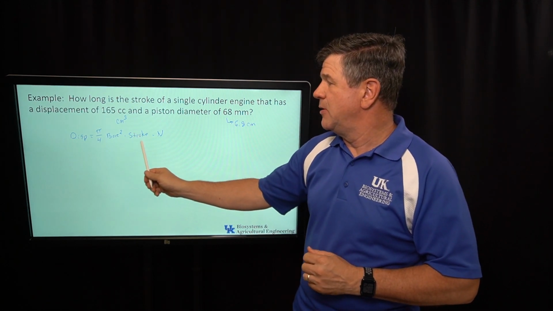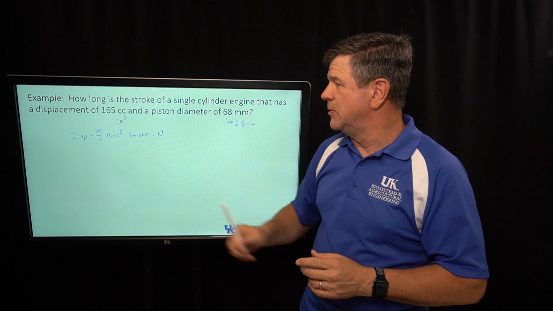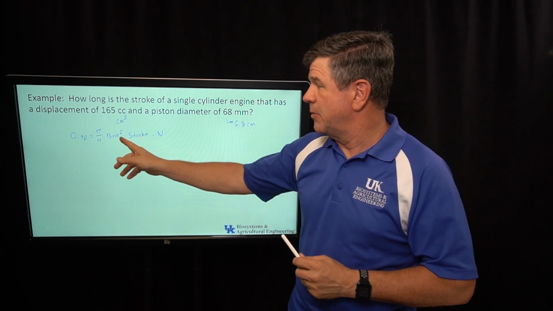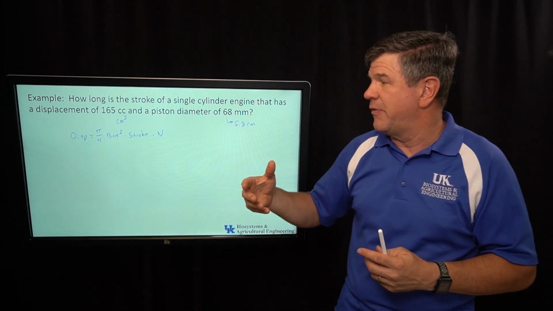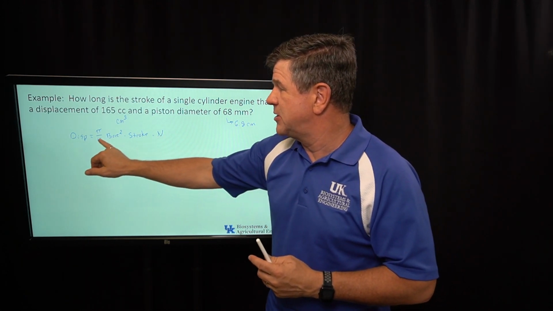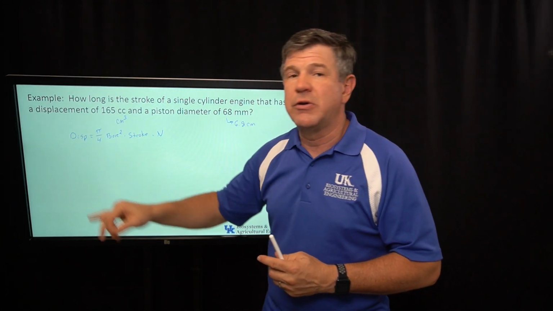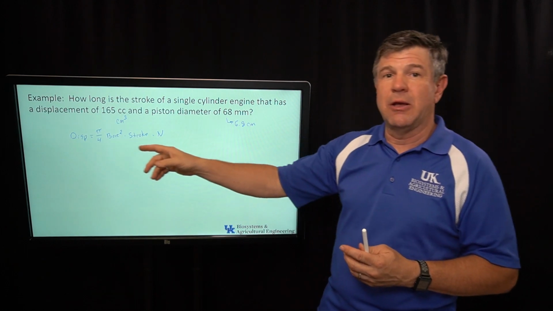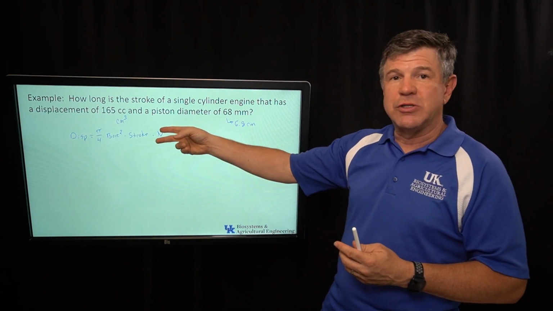So how do I do that? Oh, I've got to solve this equation for stroke, so I can plug that in. So it becomes a little bit of an algebra problem. So basically what I have to do is move all this stuff other than stroke over to the left side of the equation. The way we do that is multiply both sides of that equation by the inverse of all this stuff.